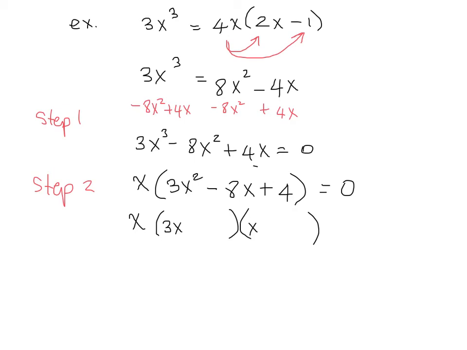Well, the combinations are 4 and 1, 1 and 4, negative 4 and 1, negative 1 and negative 4. So they have to both be positive or both be negative.